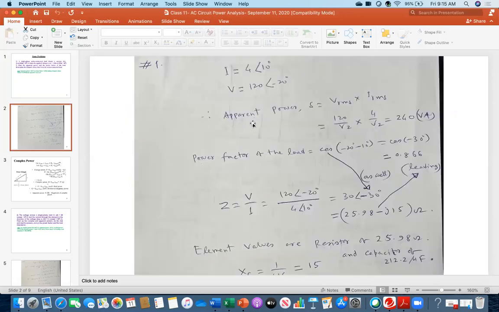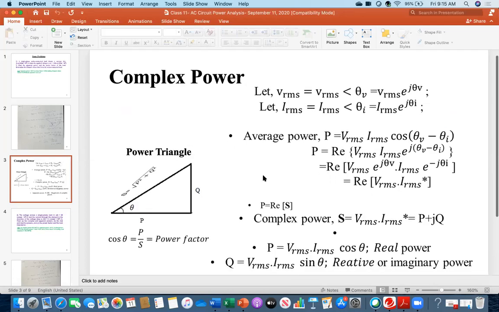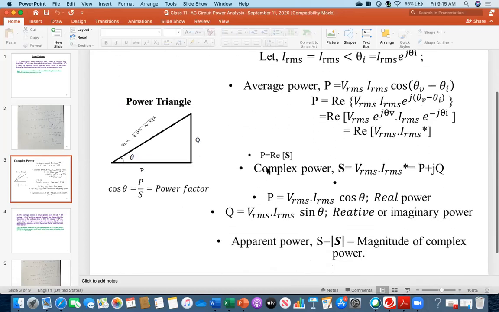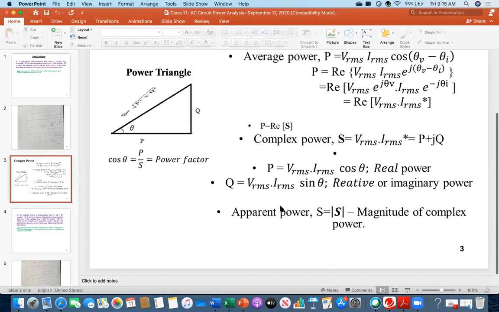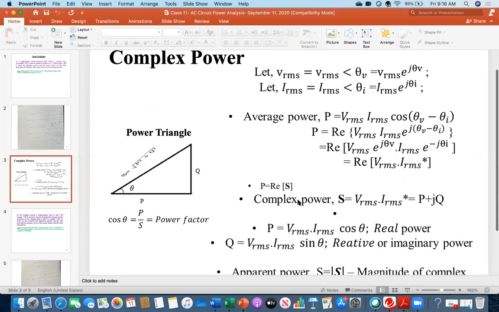After that, the question was to find the apparent power. In the last class we saw that apparent power is VRMS multiplied by IRMS. Everybody remember, in the last class we were discussing this slide, the very last one. Apparent power S was the magnitude of bold-faced S, and bold-faced S was the complex power.